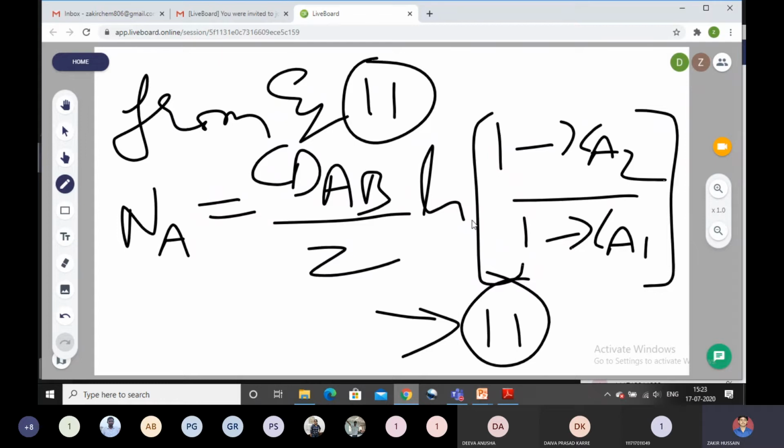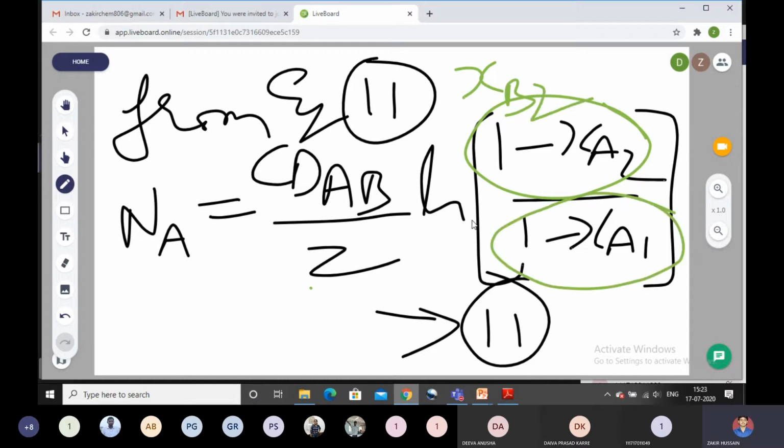Now, equation 20: in place of 1 minus XA2 we can substitute XB2. This is from equation 20. In place of 1 minus XA1 we can substitute XB1 from equation 21.